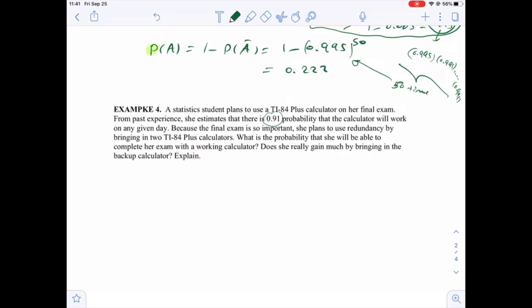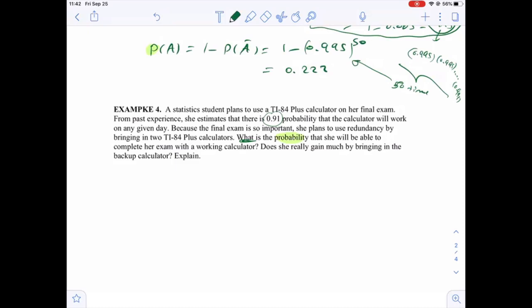Because the final exam is so important, she plans to use redundancy by bringing in 2 TI-84 Plus calculators. She wants to bring 2 calculators just in case. Now the question is, what is the probability that she's able to complete her exam with a working calculator?